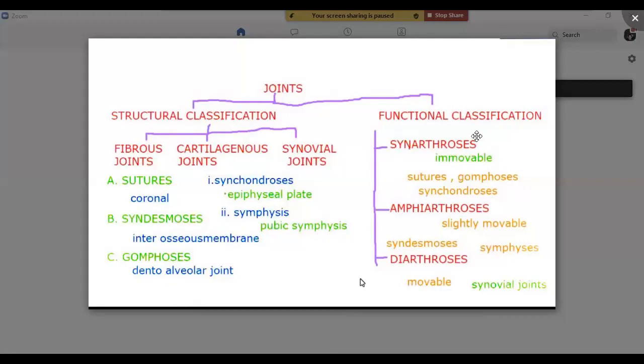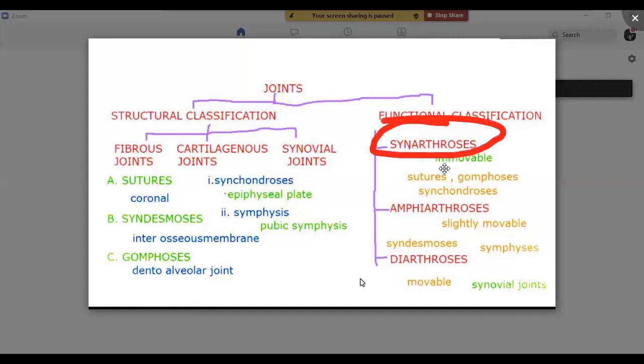And now the same we make in the form of functional classification. Based on their function and activity, we classify joints as synarthrosis, amphiarthrosis, and diarthrosis.